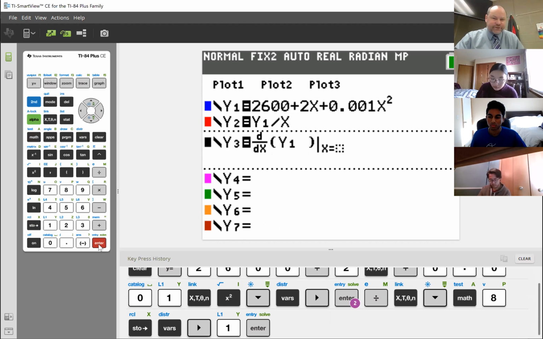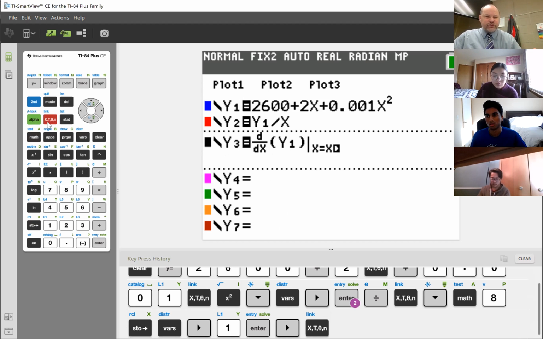Again, this is just an option, and we want the derivative at x equals x. So what nDeriv will do is it will find the derivative of any function at a specific x value. So it's nice, but it's not 100% helpful. And that is in the math menu on the TI 83 and the TI 84.